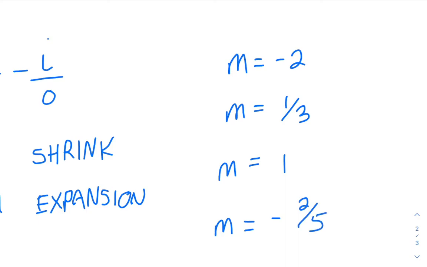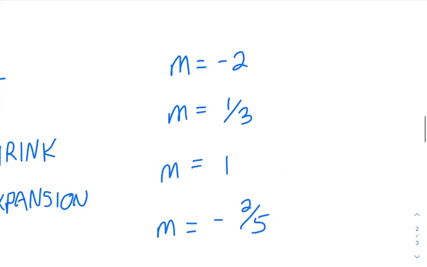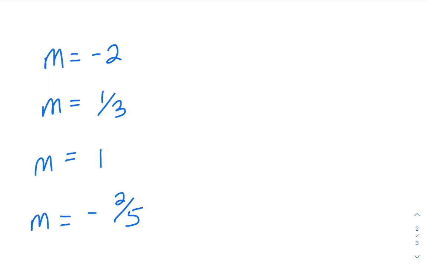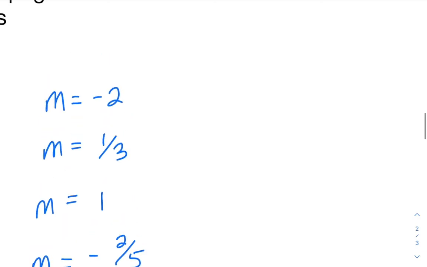So let's talk about what some of these values mean. And you'll see two terms associated with this value for magnification. You'll have objects that will appear either upright or inverted. And that has to do with the positive or negative sign.